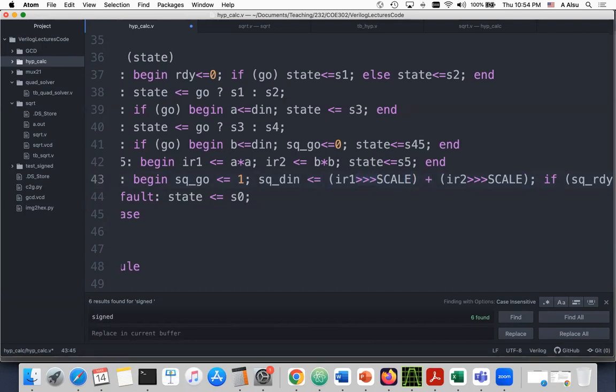So it will add scale plus IR2 and then shift by that, which will be the shift amount for IR1. So you'll get a 0 in IR1. Anyway, this fixes the problem.